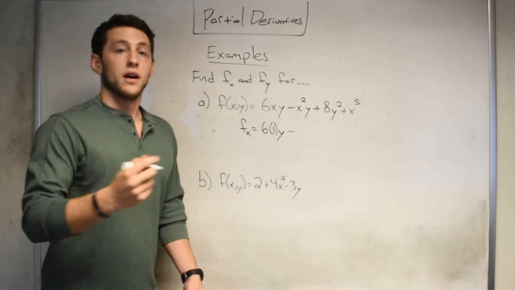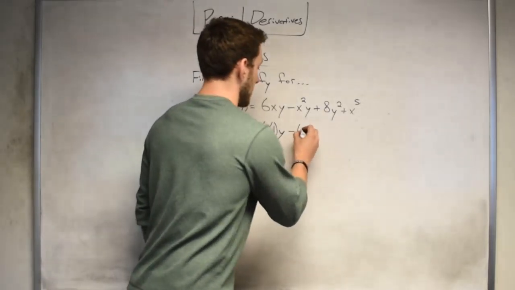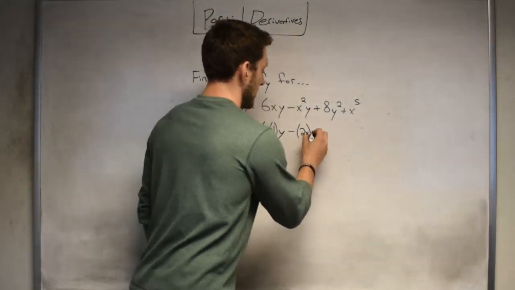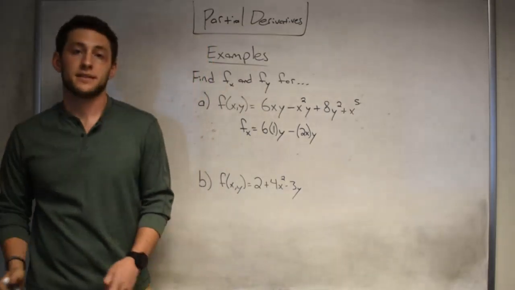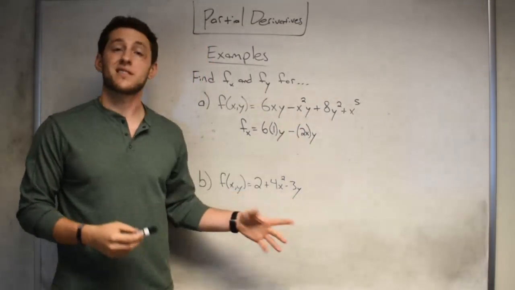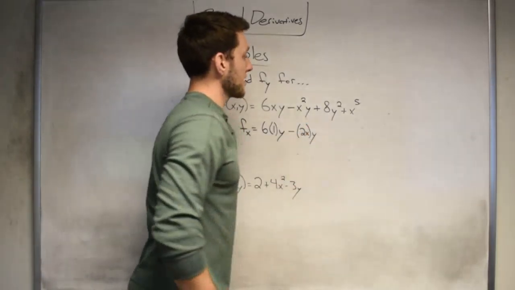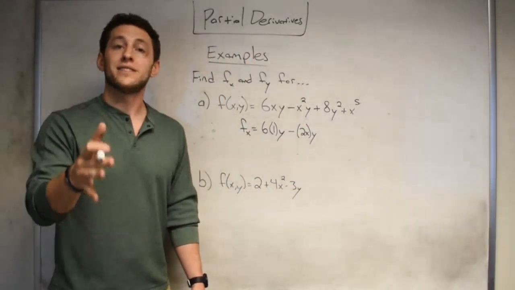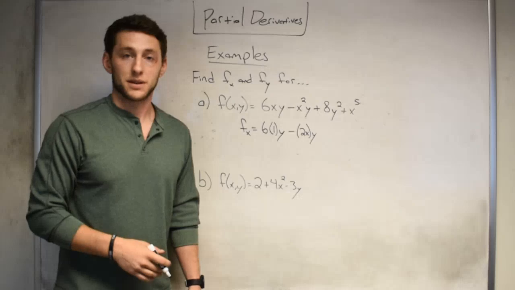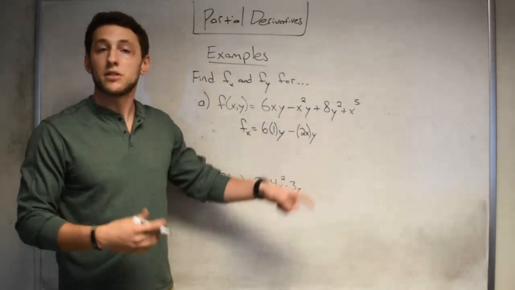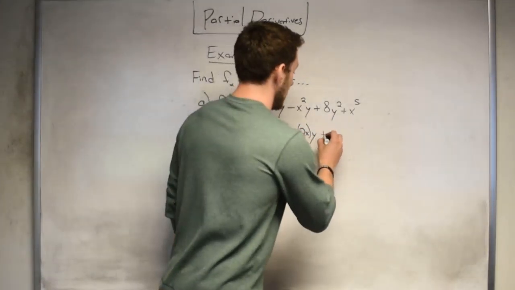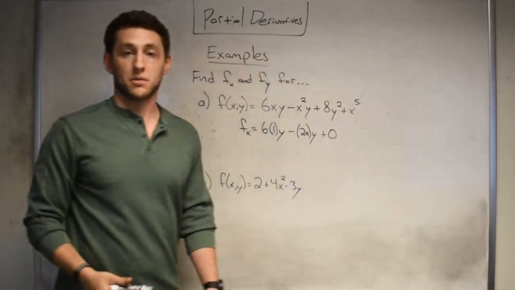Moving on, I derive the x term, giving me 2x times y. Yet again, the constant y in this case survives. Plus 8y squared does not have an x attached to it. So this thing is no better than just a regular constant, so it becomes 0.